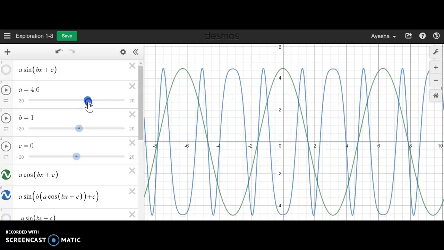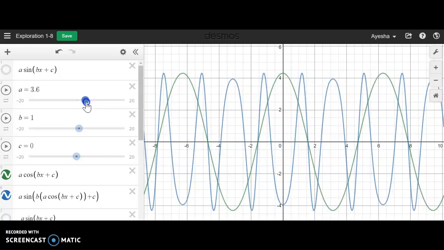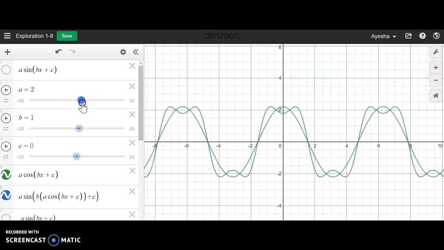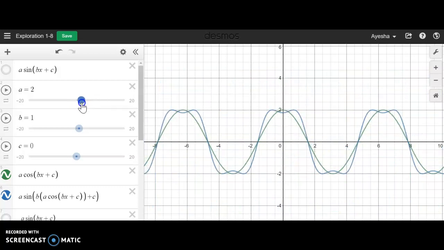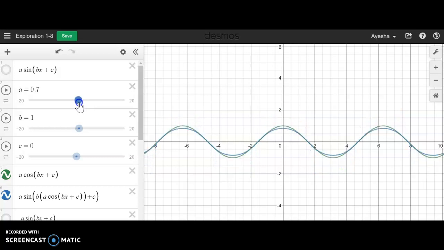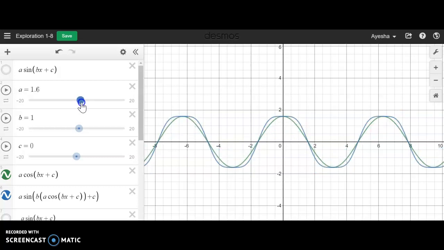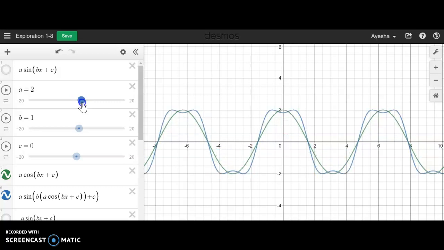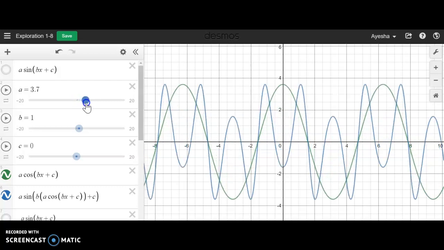Okay. It looks like the composite function graph, probably around when a equals 2, started splitting off and doing a really weird thing.